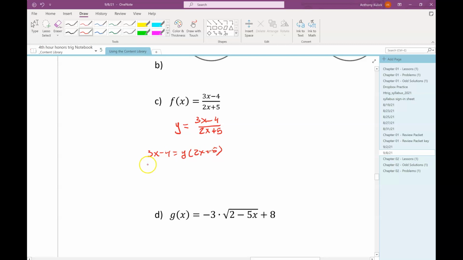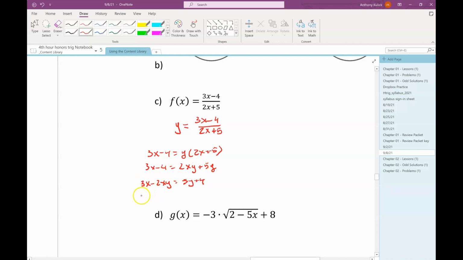Then we'll distribute the y through. And then I'll put the stuff with x's on one side and the stuff without x's on the other.